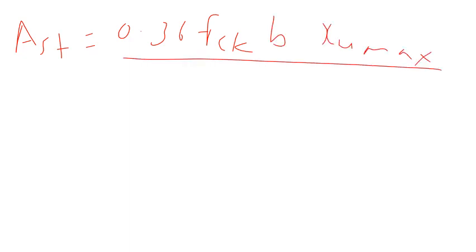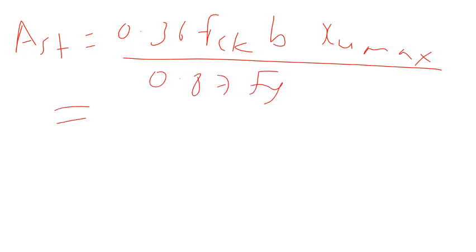So now use this value in the AST formula. Again I will write it: AST will be equal to 0.36 FCK into B into XU max divided by 0.87 FY.